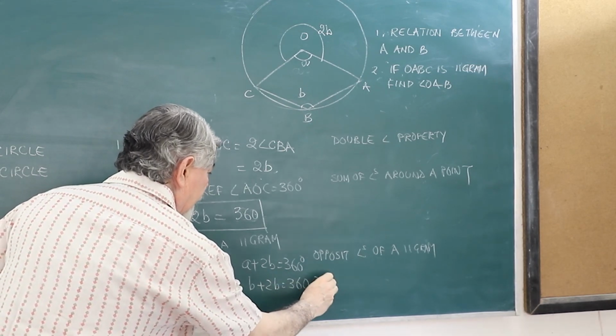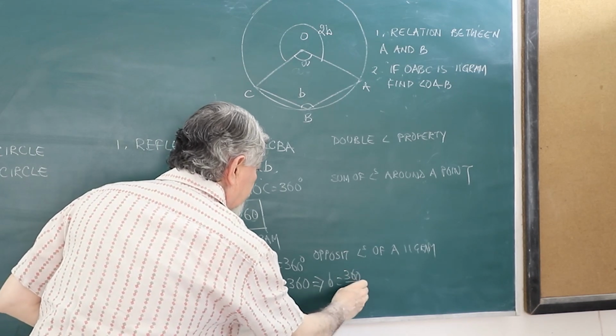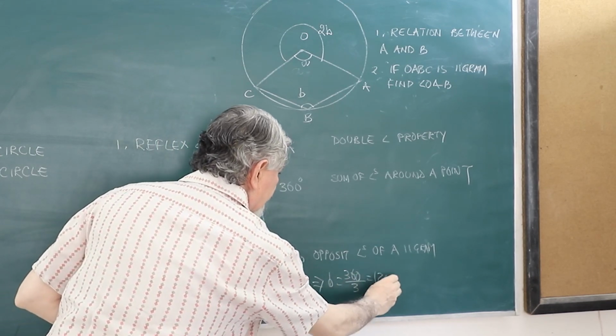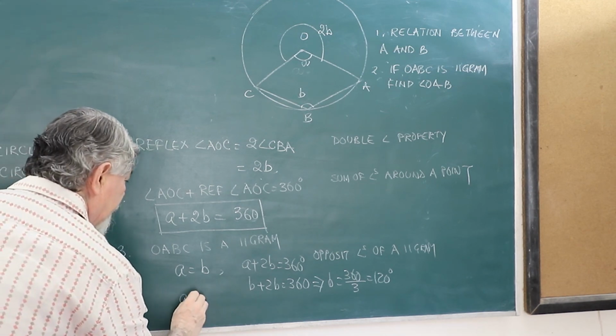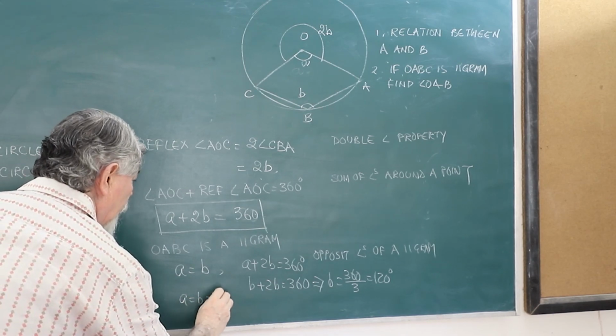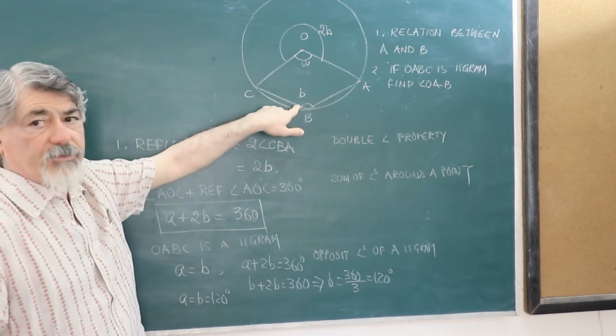That will imply B will be 360 upon 3, that will be 120 degree. If B is 120 degree, opposite angles of parallelogram are equal, so A will be equal to B will be equal to 120 degree. These angles will become 120 degree.